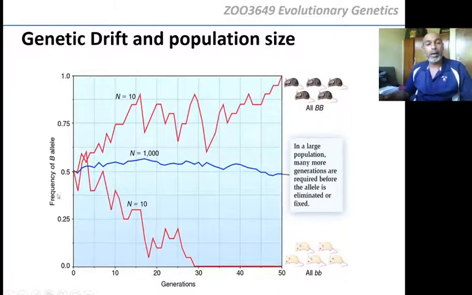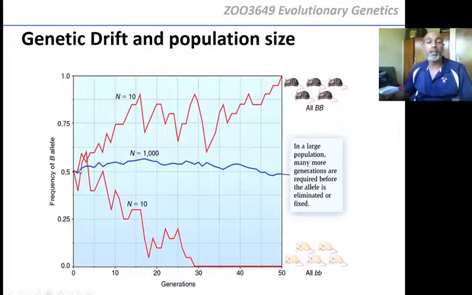So now let's go back and start our simulation. We're all going to start our simulations. We say the allele frequency starts at 0.5, right in the middle between 1 and 0. So we start off here, and we say our population size is 10. Let's see what happens to the allele frequency of B after 50 generations.